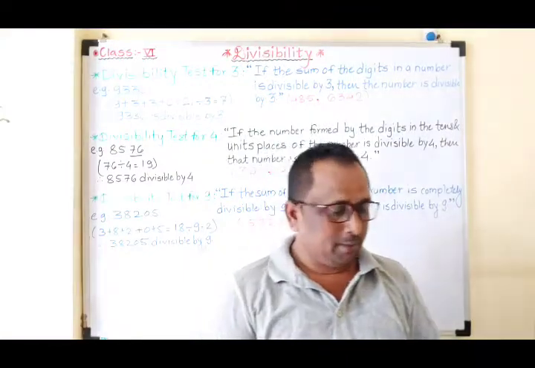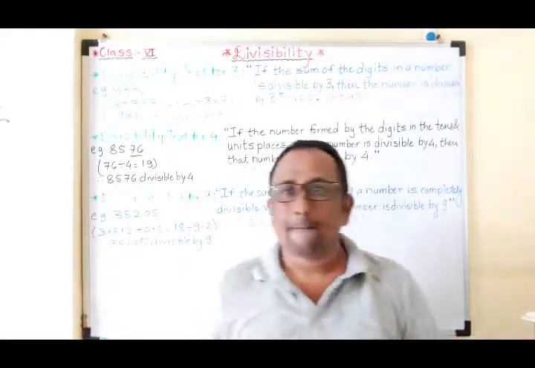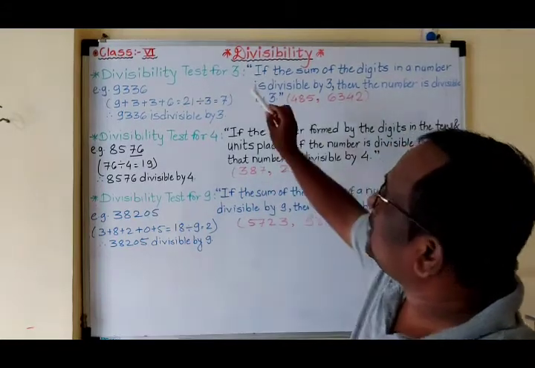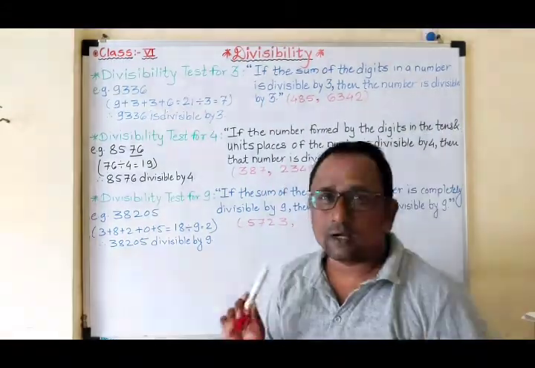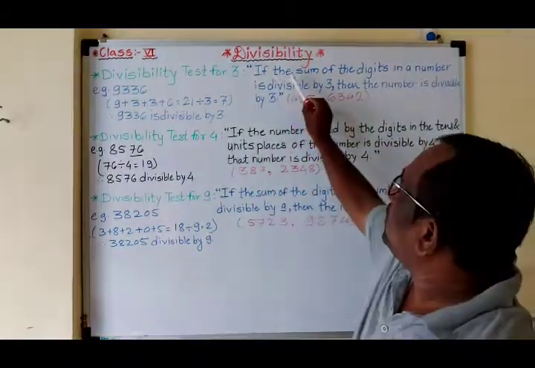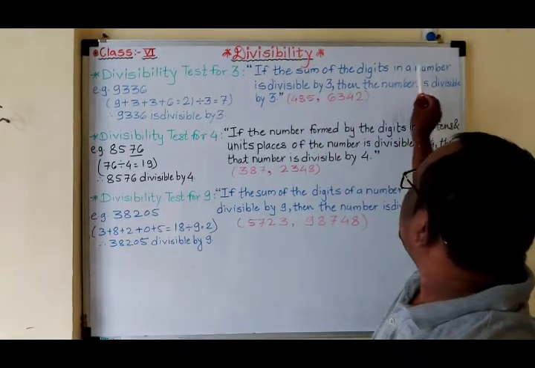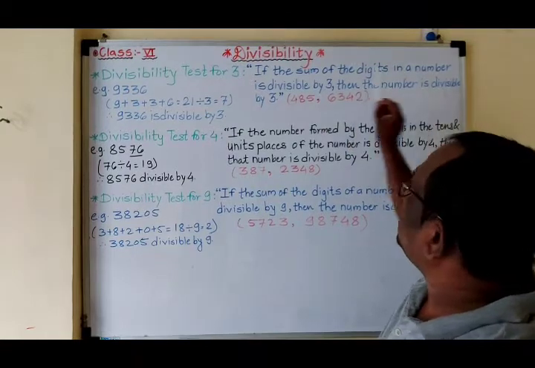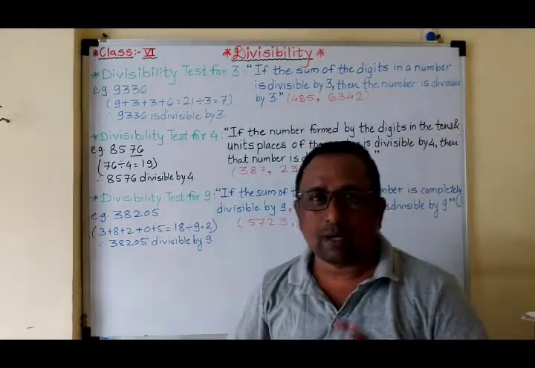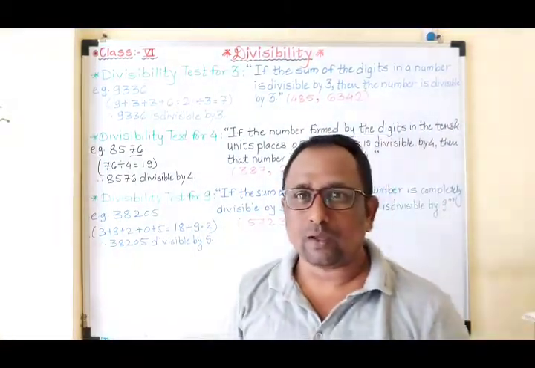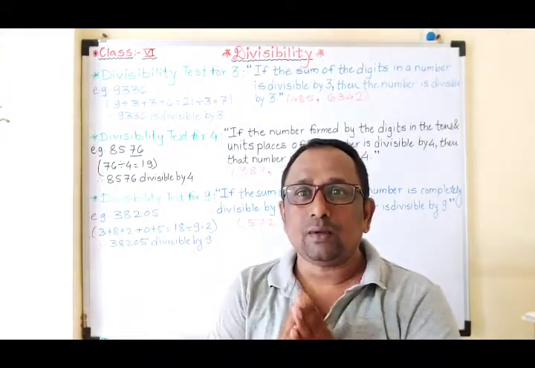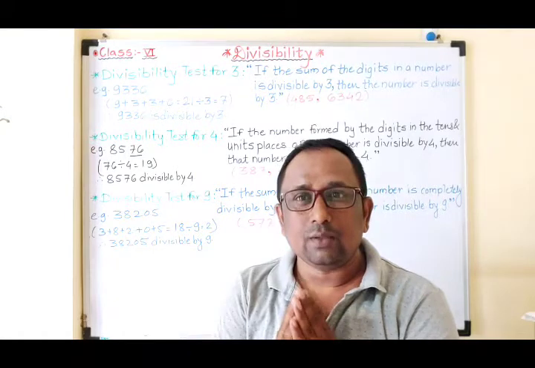So let's start. First we will see the divisibility test of 3. Now what is the divisibility test for 3? If the sum of the digits in a number is divisible by 3, then the number is divisible by 3. For example, a number is given to you and we have to check whether it is completely divisible by 3.